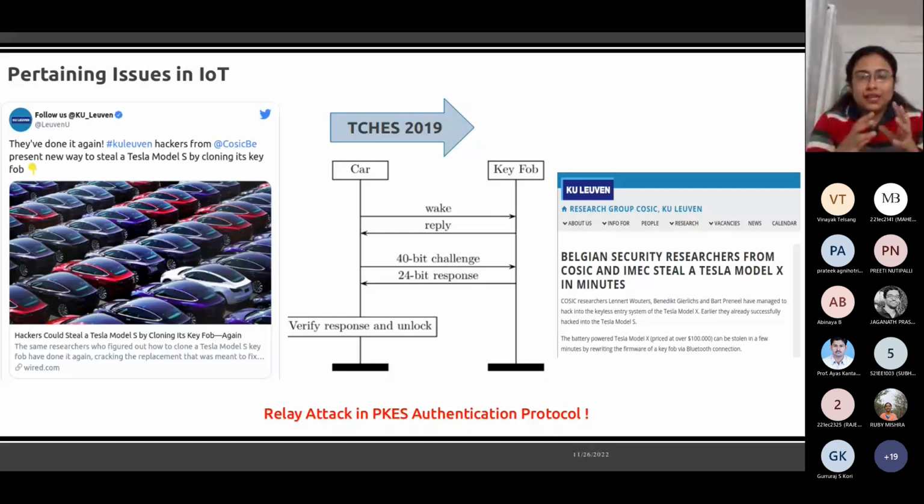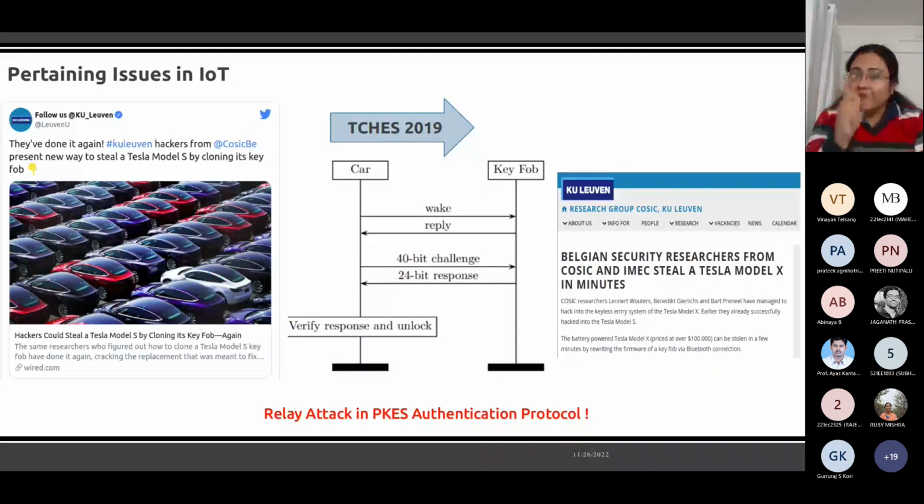Nowadays, you really do not need to put the key into the car door, right? You just click the key fob and your door opens, and then using the key fob, you can start the car.